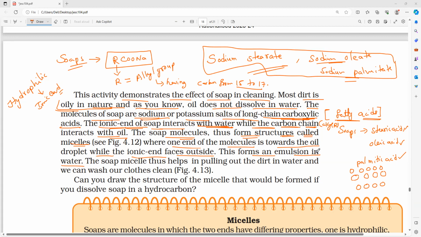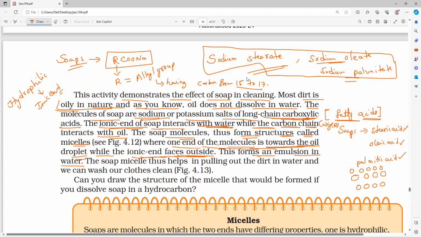So the same thing will happen here. The tail part is attracted by the oil, and the head part, the hydrophilic, is attracted by the water. So the ionic end is facing away from the oil and faces outside, and the tail part, the R alkyl group, is facing towards the oil droplet.